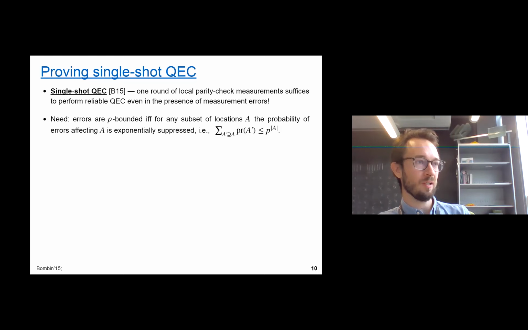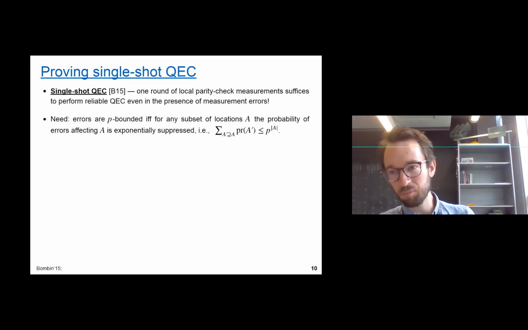So we've got a subset of locations, where you can think of these as qubits, or they can also be gauge operators. And then the probability of errors affecting things that are subsets of this set A is exponentially suppressed in the size of A. These are sometimes called local stochastic noise as well, I think.